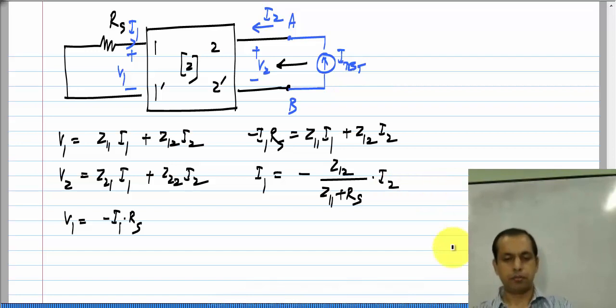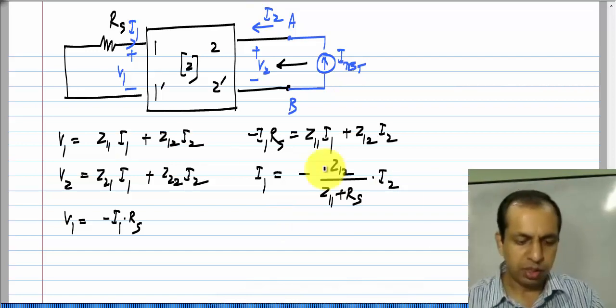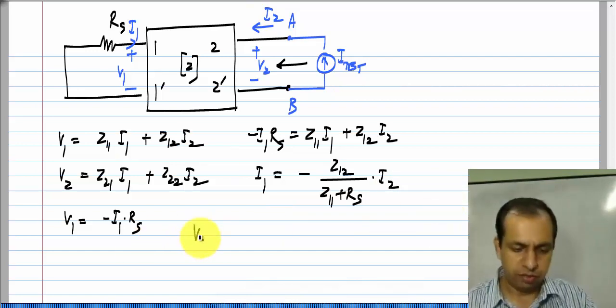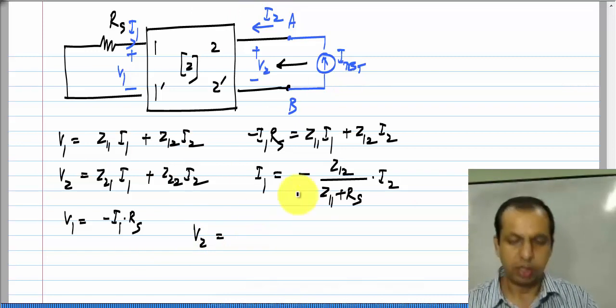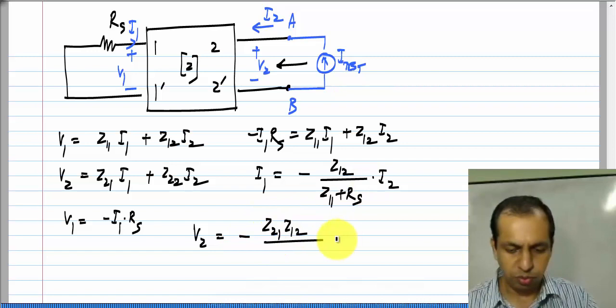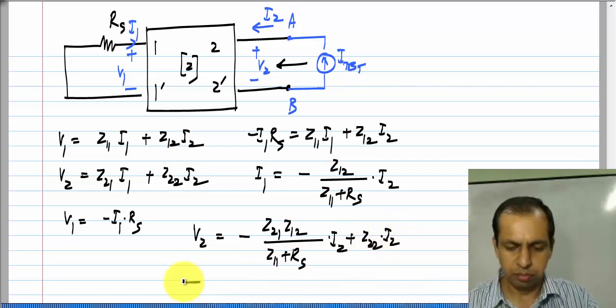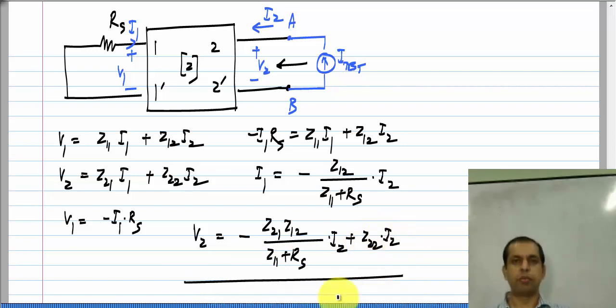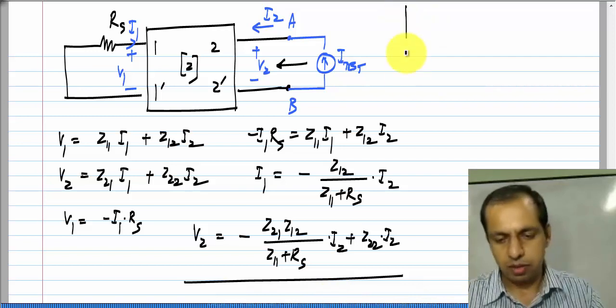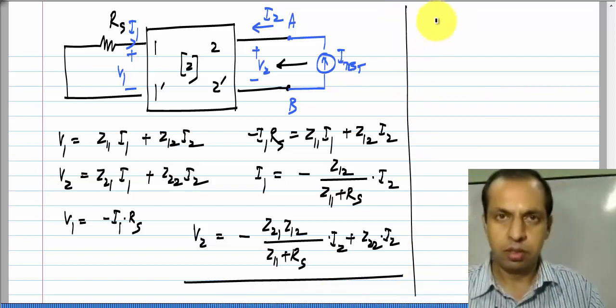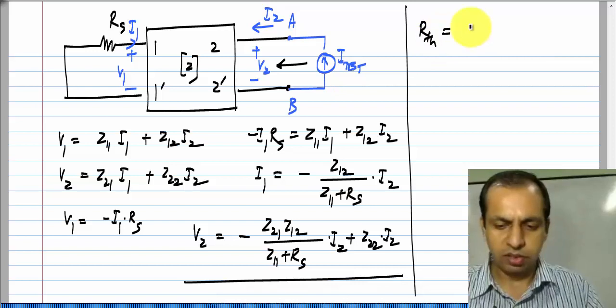Okay. And I will substitute it in the other equation. I will get V2 to be Z21 times I1, which is minus Z21 Z12 by Z11 plus Rs times I2 plus Z22 times I2. And the Thevenin resistance, which is nothing but V2 by I2.